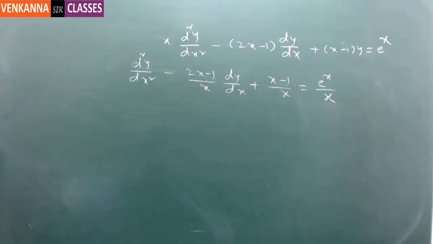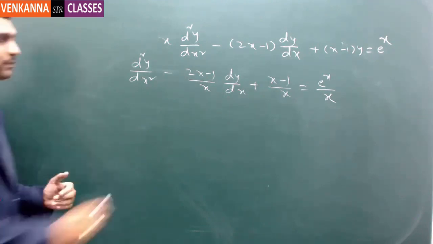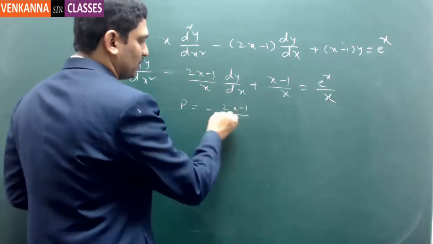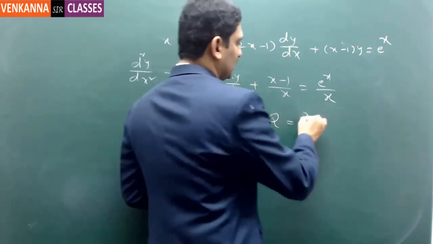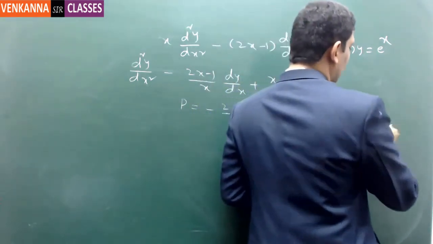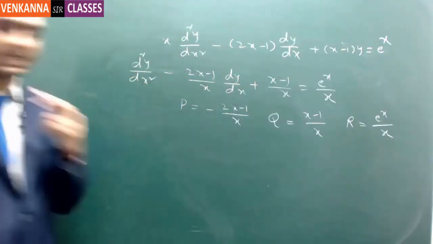If you compare the given equation with the form I mentioned earlier, P is equal to minus 2x minus 1 by x, Q is equal to x minus 1 by x, and R is equal to e power x by x. Accepted?